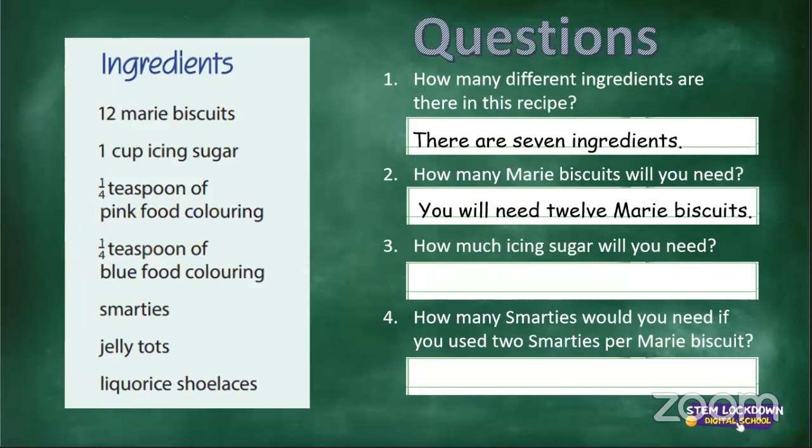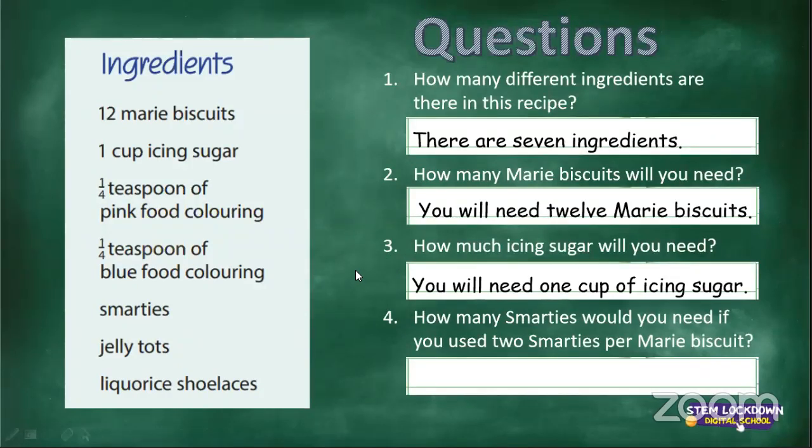How much icing sugar will you need, guys? Nokwanda said you will need 1 cup icing sugar. That's perfect. Very good. Let's reveal the answer here. You will need 1 cup of icing sugar.